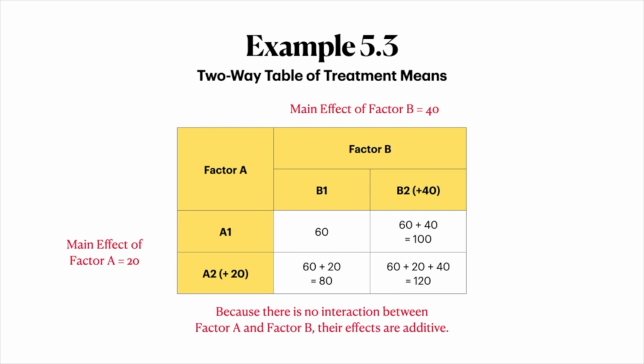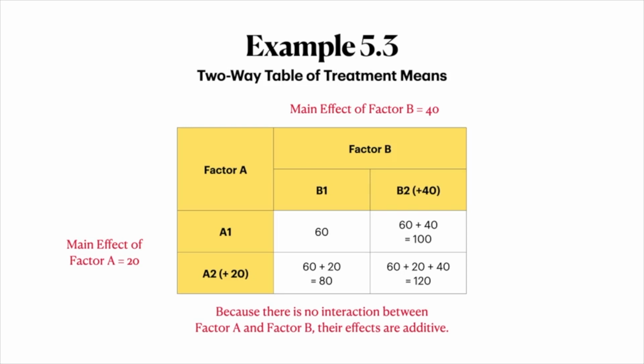And so here I've gone back to that first two-way table, and you'll recall, based on our calculations, we have determined that the main effect of factor A is 20, the main effect of factor B is 40, and we've also determined that there's no interaction between the two factors. Now, because of that, their effects ought to be additive. And in fact, that's demonstrated in the cells of this table.